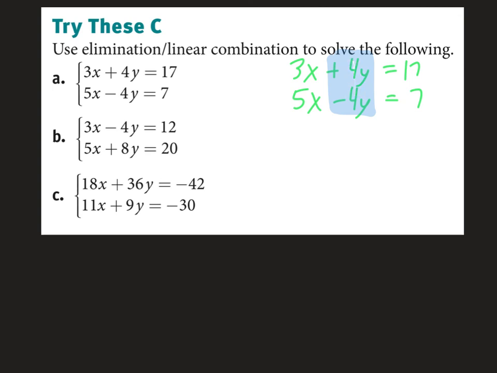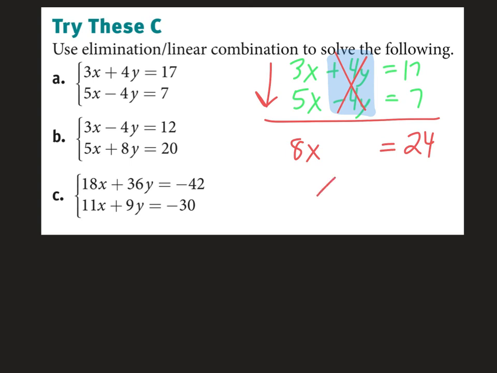It could have been the x's or the y's. If they're opposites like that, elimination is going to be really quick, because when we add these equations together, 3x plus 5x is 8x, 17 plus 7 is 24, and of course these y's eliminated. We got ourselves a brand new equation that's really going to be quick to solve.